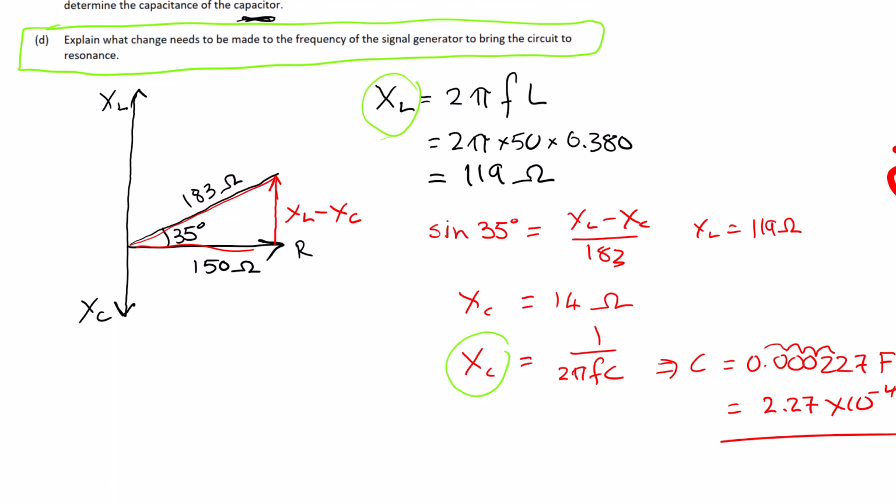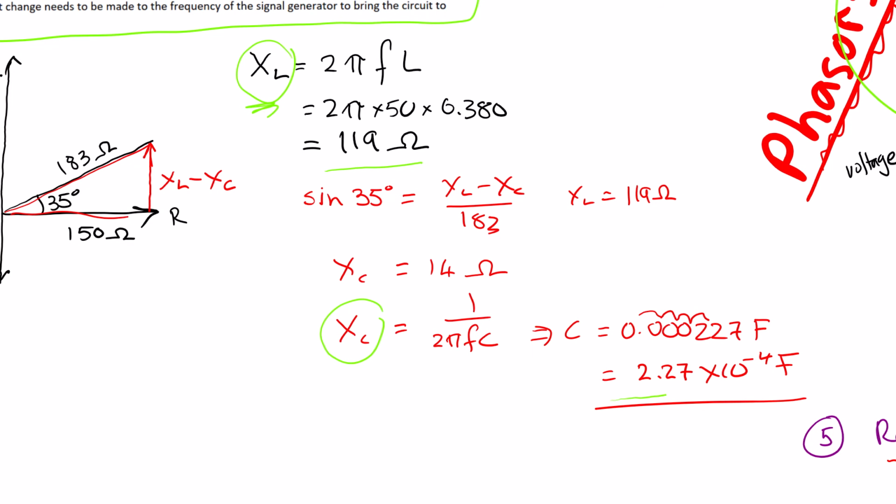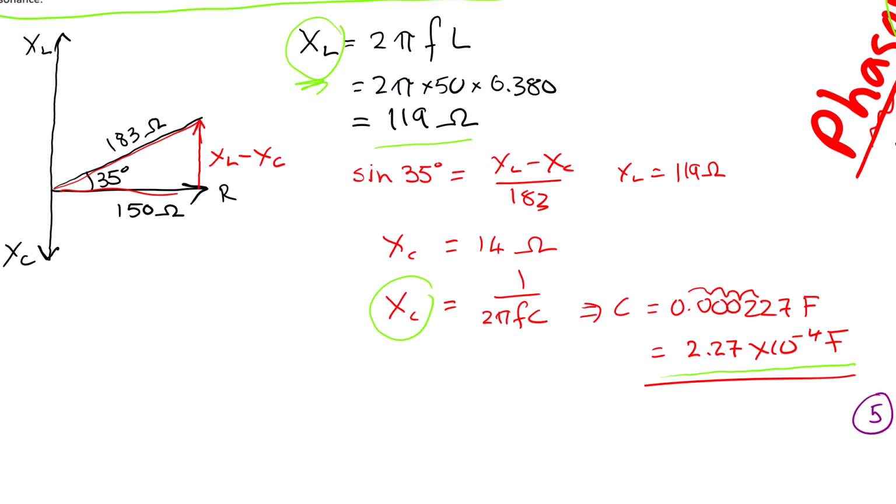So we can see with XL, we need to lower this reactance, and with the XC we need to increase it. So how do we decrease inductive reactance? In order to decrease that when inductance is constant, we need to reduce the frequency.